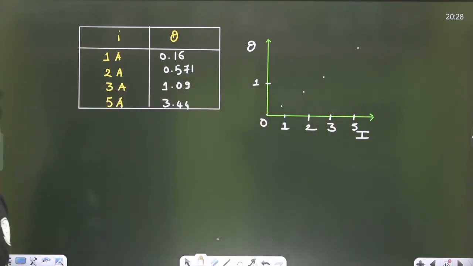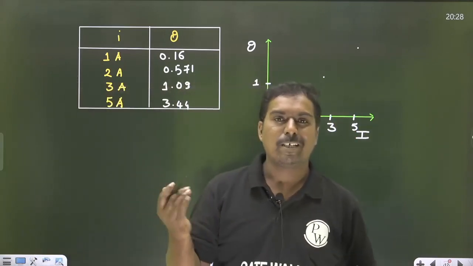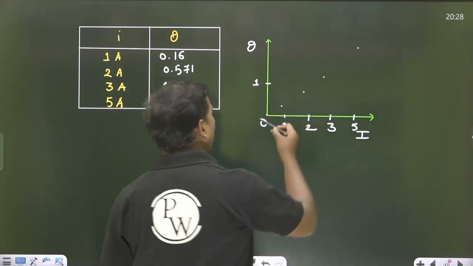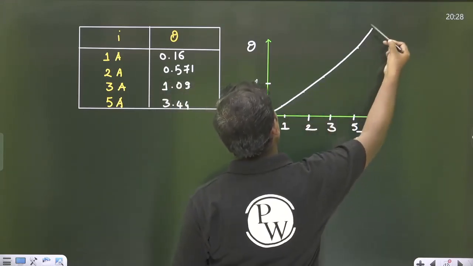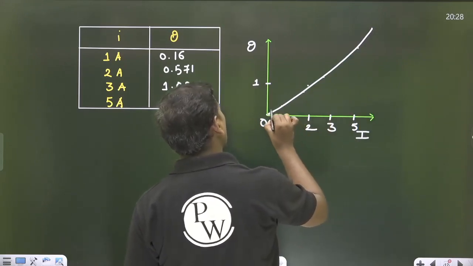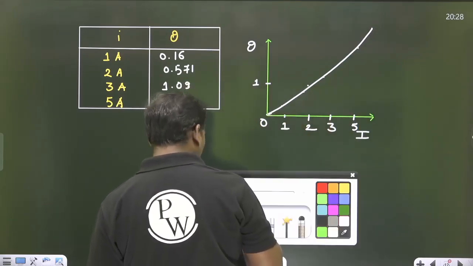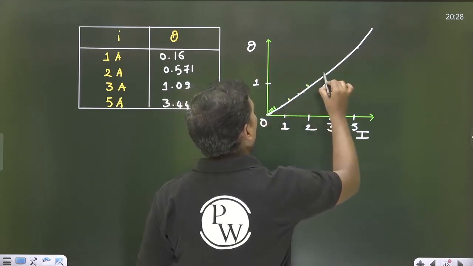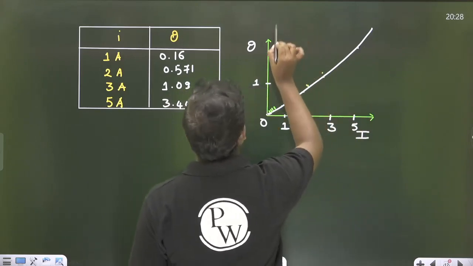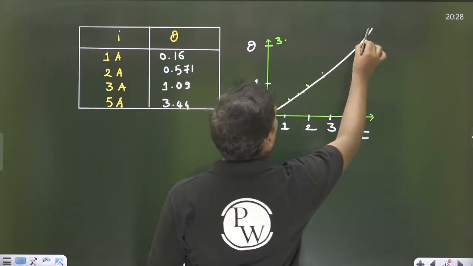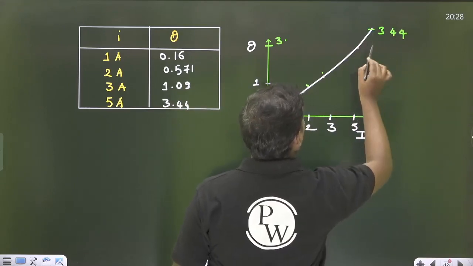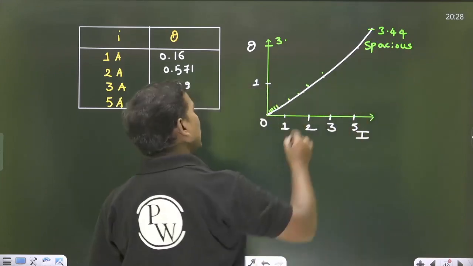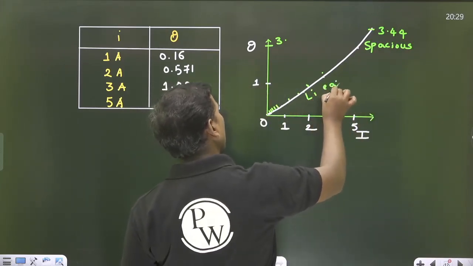Yes or not? So that means the values are not linear. The scale that you are getting is not linear. First you get a crowded zone, then some linear zone, and the reading for 5 amperes goes up to 3.44, where the readings are spacious.